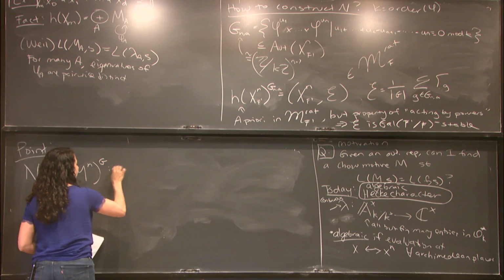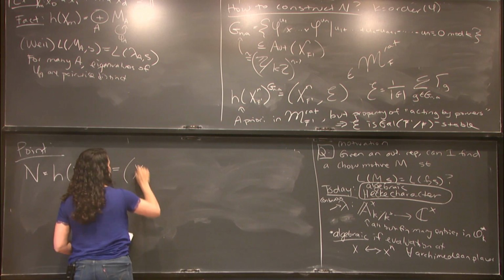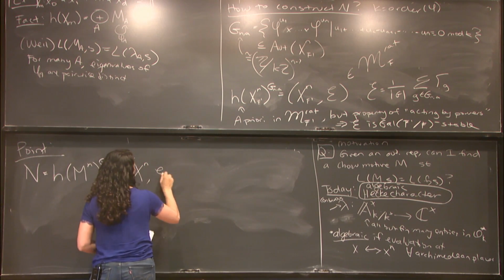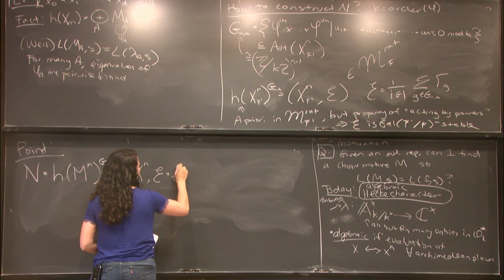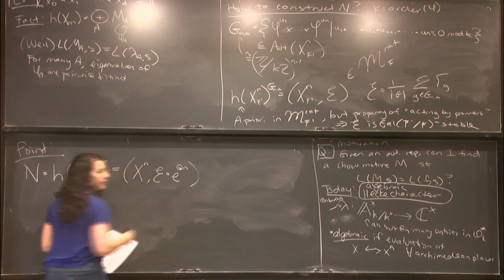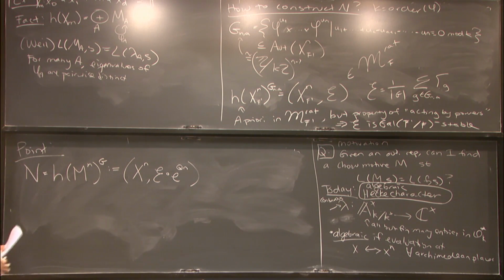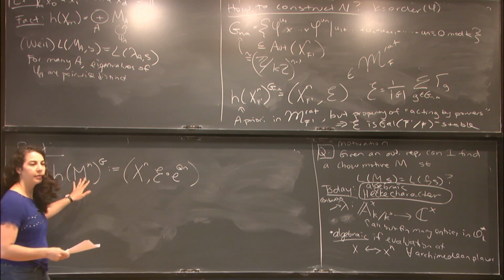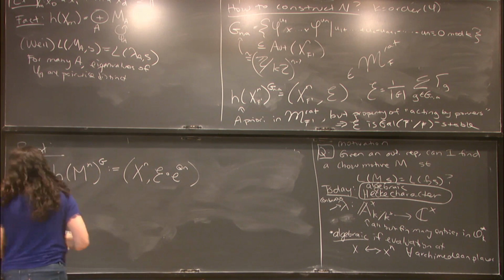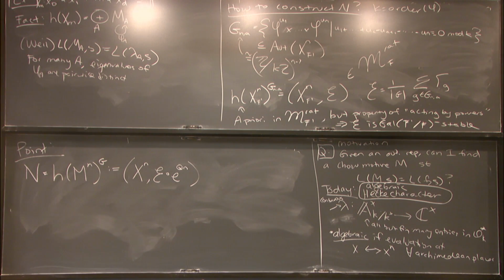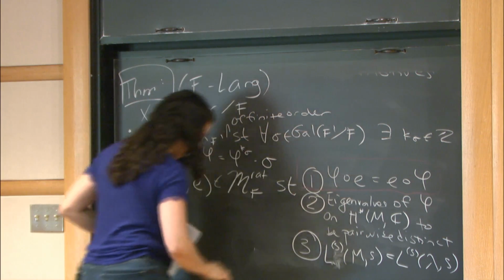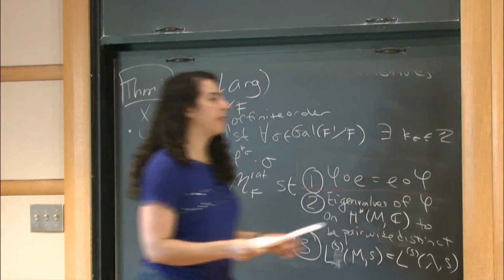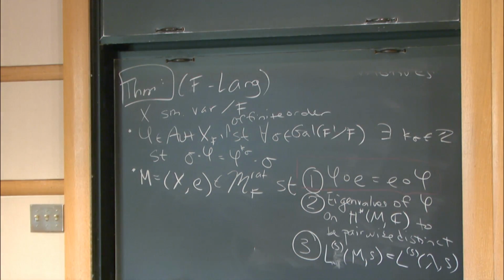So this is just the pair X^n, epsilon composed with e n times, where e was exactly the idempotent that cut out M. And we needed this condition that I've written right here, this number 1 guy, exactly to ensure that this thing really is an idempotent, right?